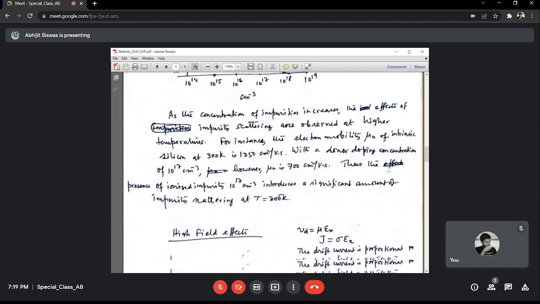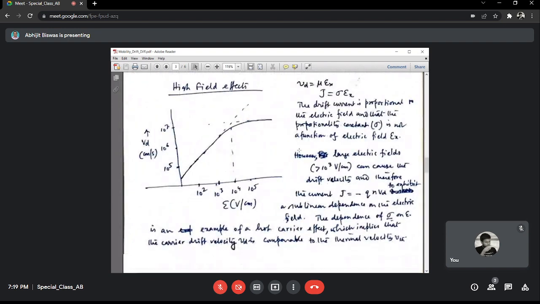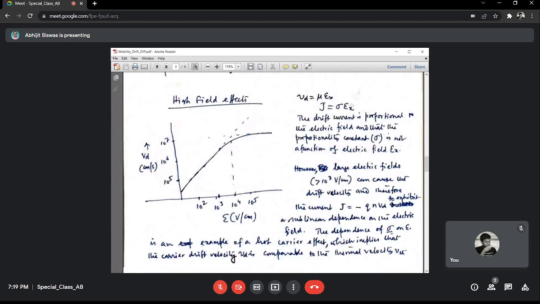Next thing is here. This is the drift velocity Vd. Vd is the mobility times electric field, and J is the current density. It is sigma times the electric field. Here you see the variation of drift velocity of carriers with the electric field.